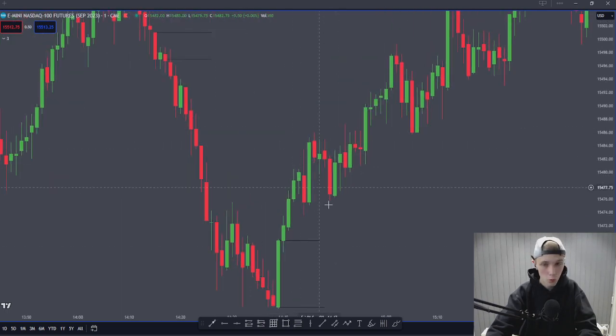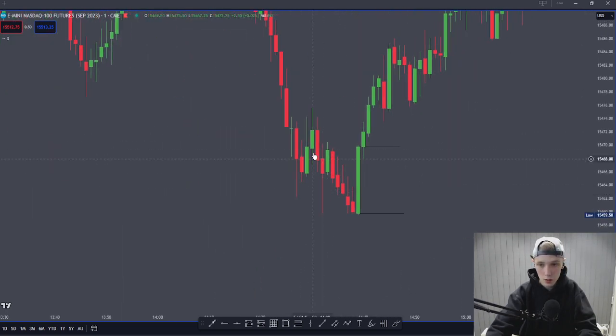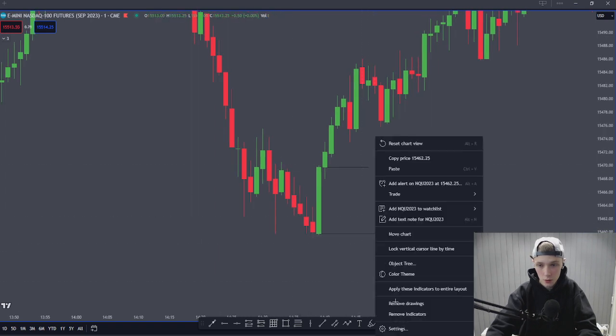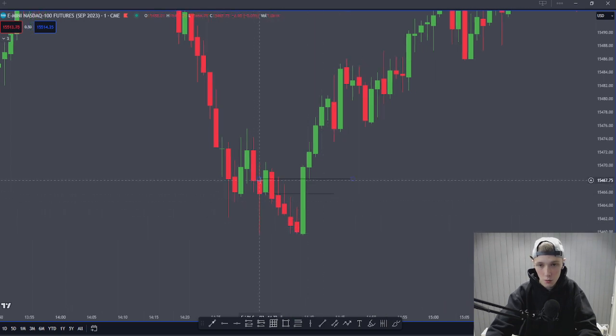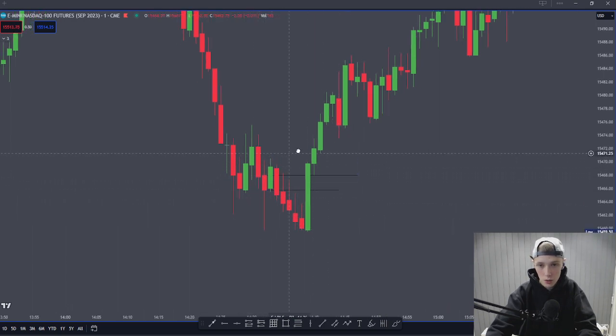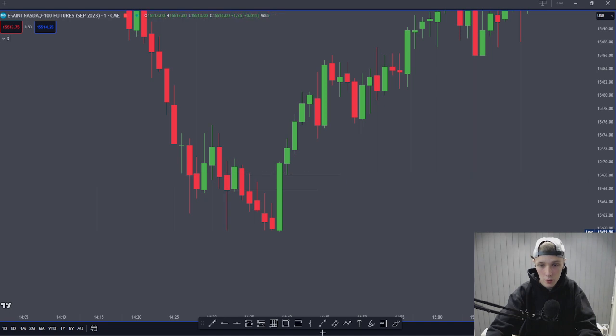Next up we have wicks. Let's use this one because this one has wicks. This is a bearish candle. Remember, it opens up here and closes down here. But when it opened, it did actually push up. So when it opened up, the candle went like this, and then it went down here. I'm lining it up right here.